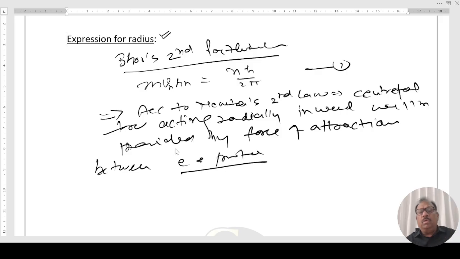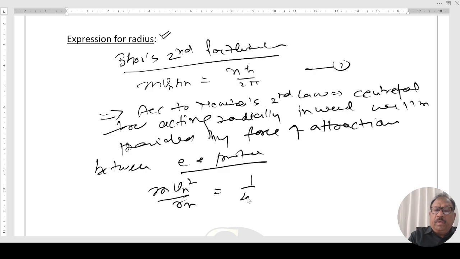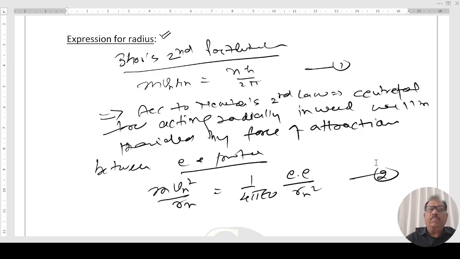The electron is revolving around in the orbit, the proton is in the nucleus. That is, m Vn square by Rn equals the force of attraction, 1 over 4 pi epsilon naught, Q1 into Q2, e into e upon Rn square. This is equation 2.